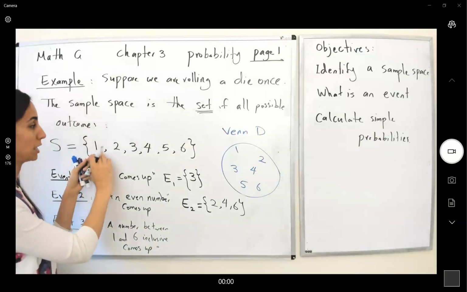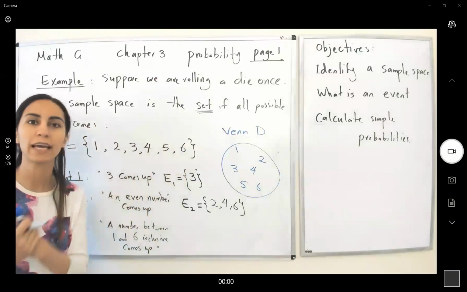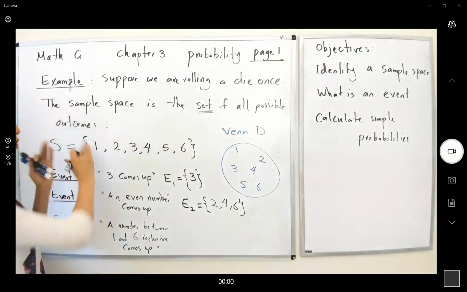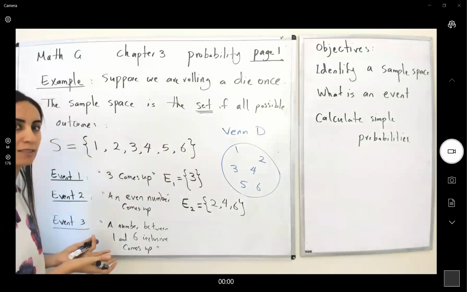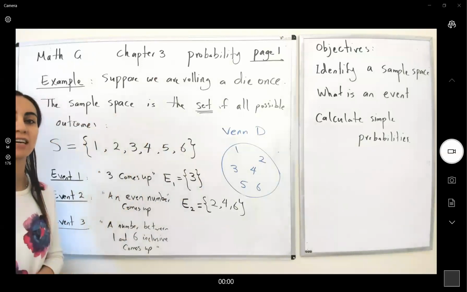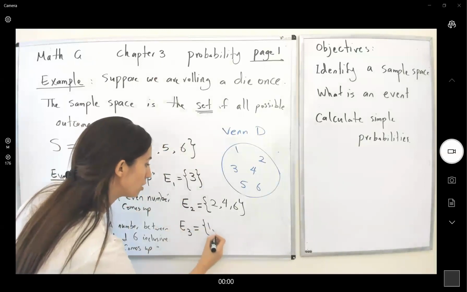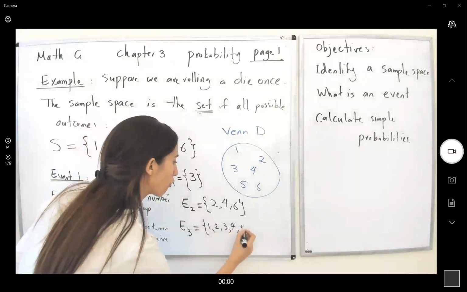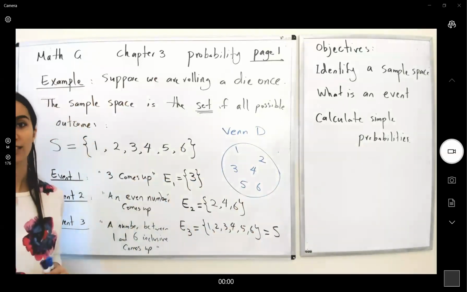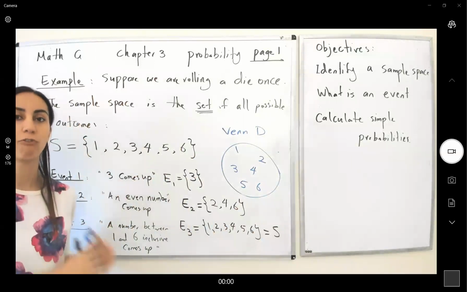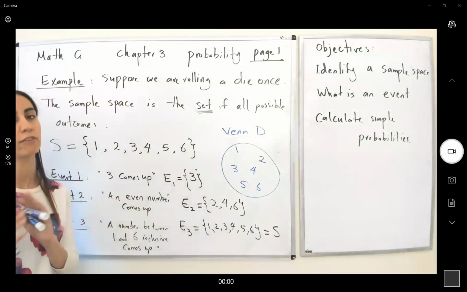It can be 1, it can be 2, it can be 3, it can be 4, it can be 5, and it can be 6 as well. So we can list all of these numbers, and as you guessed, this subset is nothing but the sample space itself. So event 3 is 1, 2, 3, 4, 5, 6, which is S, the sample space itself, of course. We defined subsets before, and we know that each set can be a subset of itself.